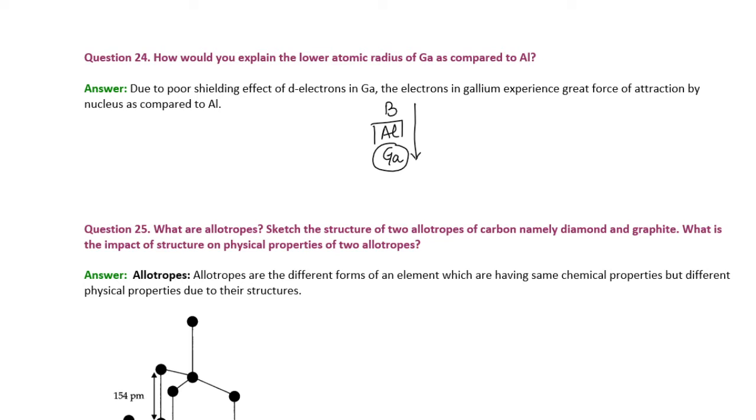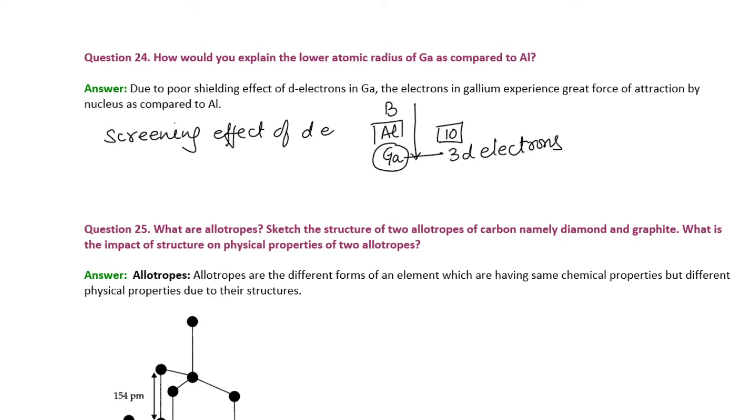Why is it so? Because of the presence of 3d electrons in gallium, 10 3d electrons in gallium. The screening effect of d electrons is poor, and due to this poor screening effect, the outer electrons are more attracted toward the nucleus because shield is less.